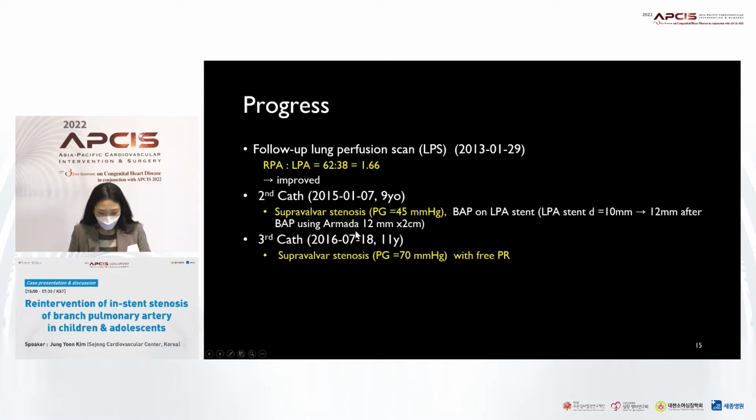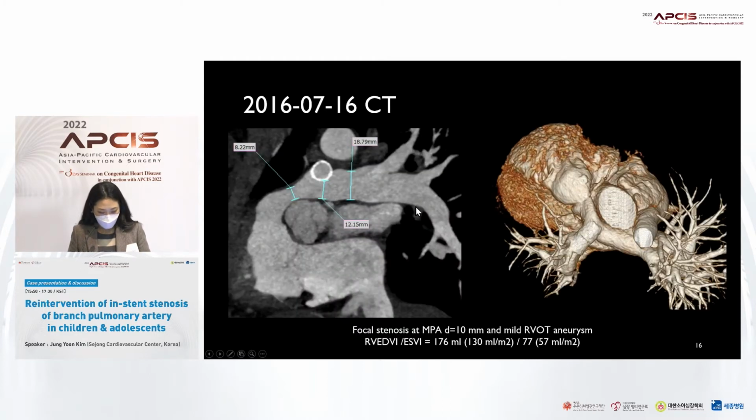A follow-up cath was performed for further dilation of the LPA stent and to evaluate the hemodynamics of her heart. The result shows severe supravalvular stenosis with free PR, as previously noticed. The follow-up CT scan shows focal stenosis in the mid-MPA with a mild RVOT aneurysm, as you can see.